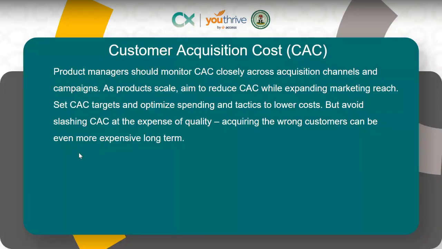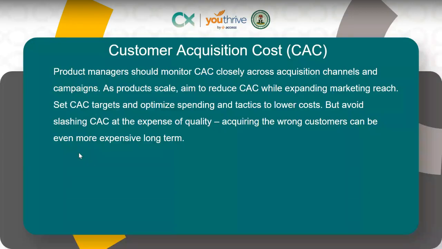Acquiring the wrong customers can be even more expensive in the long run. I think this is a very important thing, whereby we are just getting the wrong set of customers, and that can impact your product on the long run.